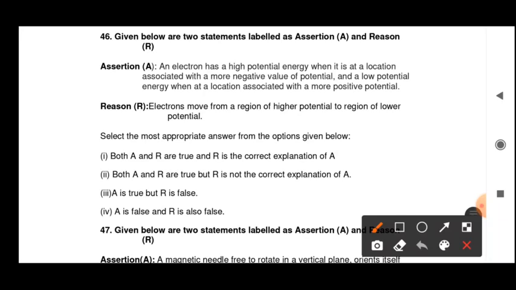So if you will see in this case, the assertion is right. Exactly, an electron has high potential energy at any location where the value of potential is more negative, and for the more positive it will have low potential energy, because in potential energy we have a negative sign. But the movement of electrons, if you will see, is from the region of low potential to high potential, not high to low potential. So the reason is wrong, assertion is correct. So it means that the third option will be correct here.